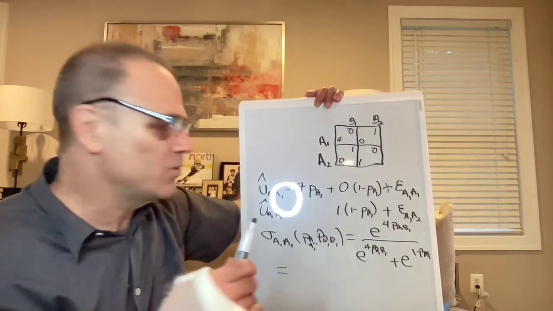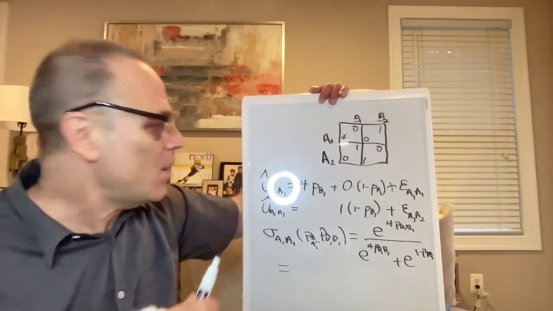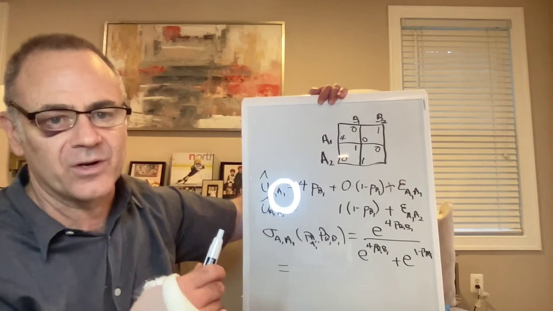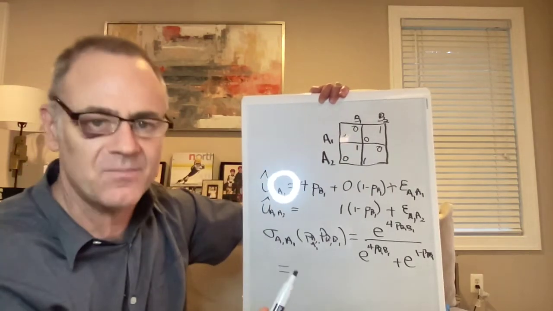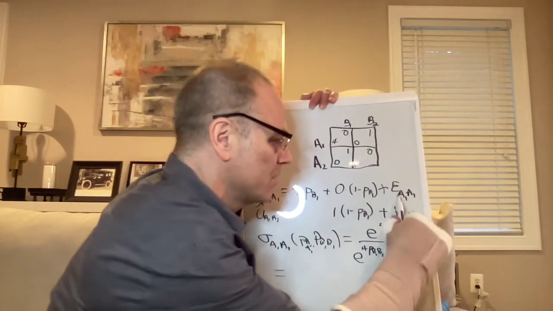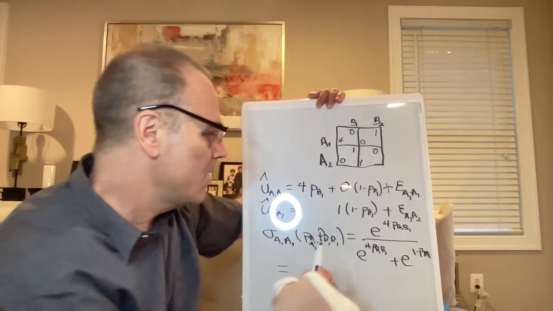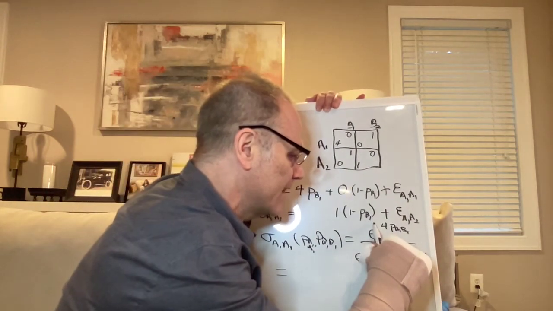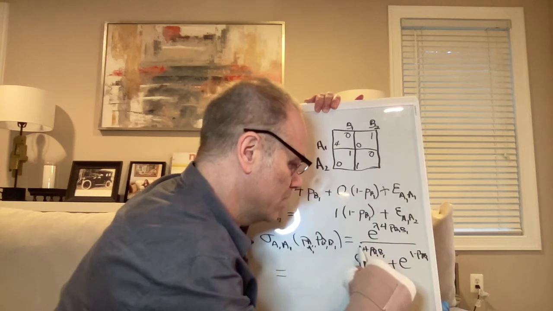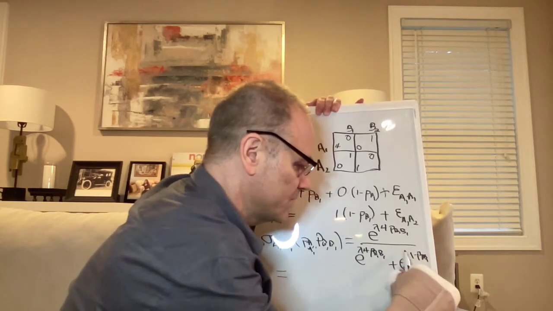To avoid that, what McKelvey and Palfrey do is keep the assumption that the errors are standard Weibull, but instead add a lambda to the money payoffs.